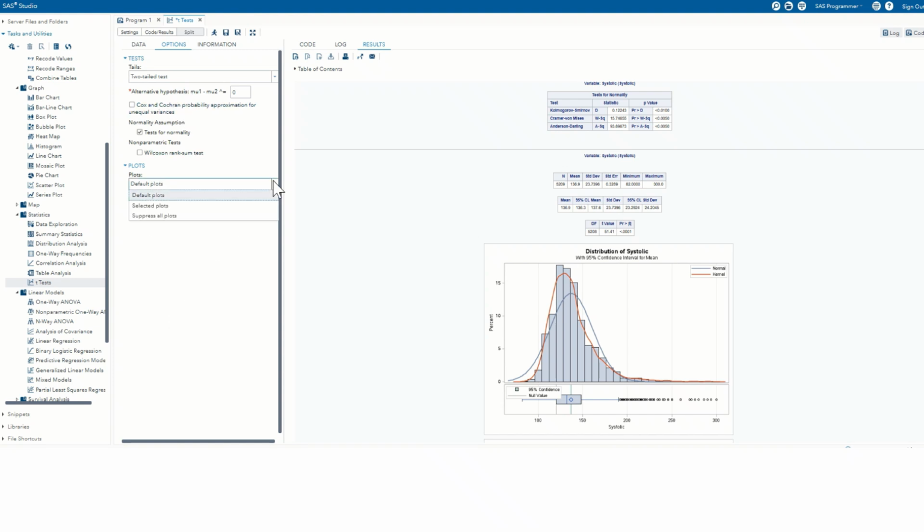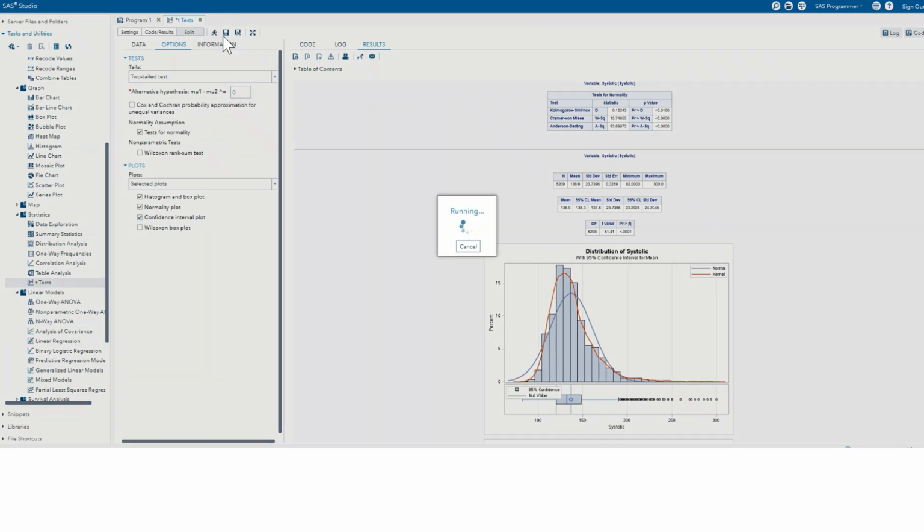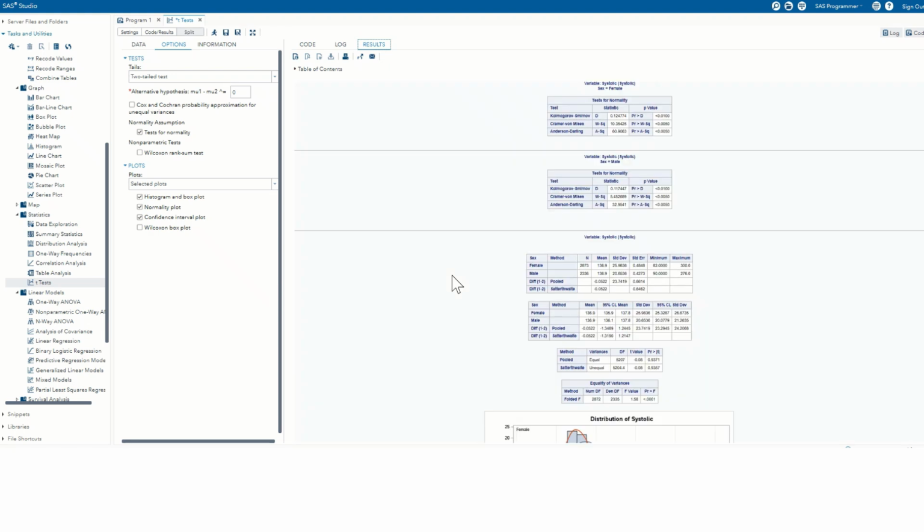Okay, and instead of default plots, I will choose some additional plots. I will keep histograms and box plot, normality plot, confidence interval plot. The Wilcoxon box plot we'll use when we conduct the non-parametric test, and then I'm going to submit the code.